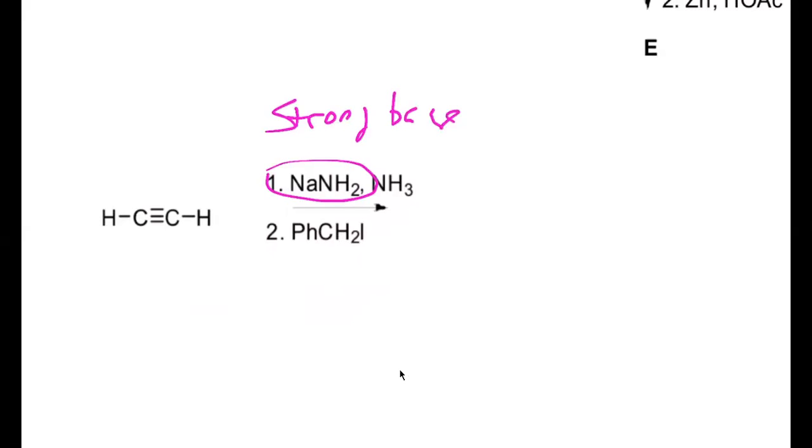All right. Anybody remember what the pKa of the acetylide proton is, which is this proton right here? Anybody remember? 25. Very good. So that means if I have a strong base, guess what? I can pull it off.